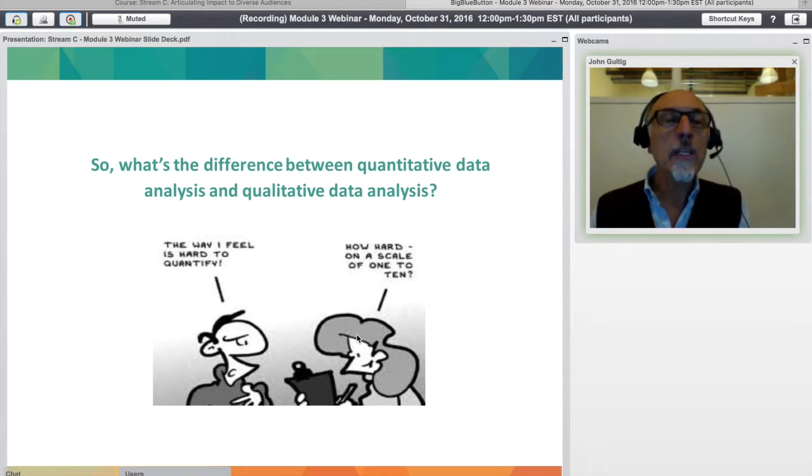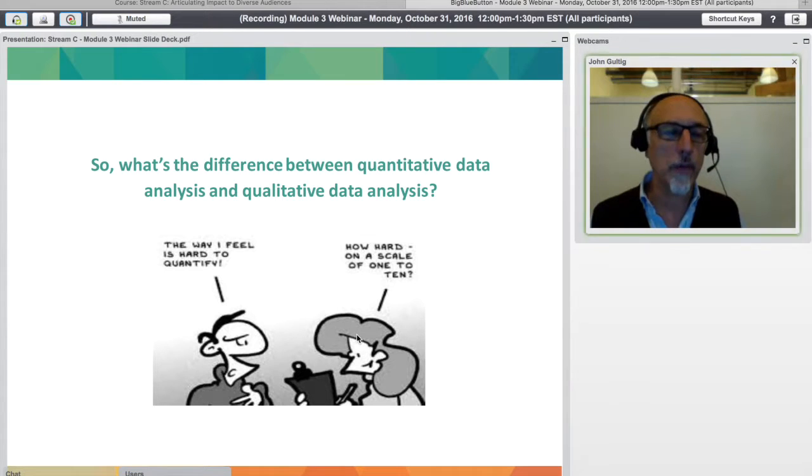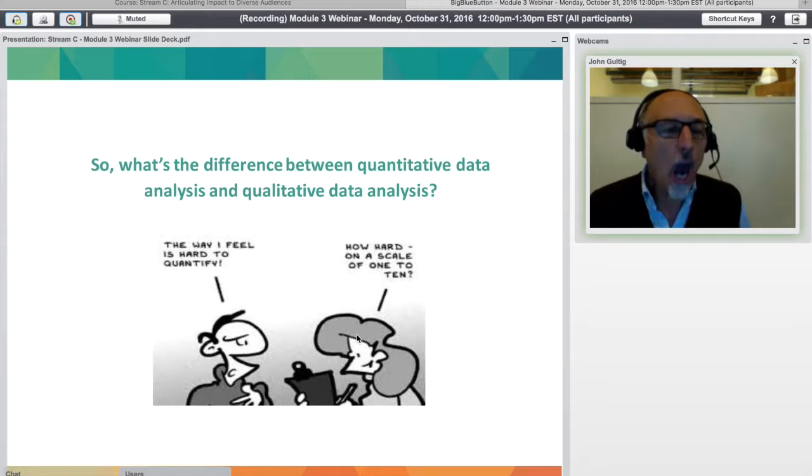So the question at the core is, what is the difference between qualitative and quantitative data analysis? In many ways, the cartoon answers that. As the one person says, it's very hard to quantify how I feel about something. But with quantitative data we try all the time to quantify feelings.